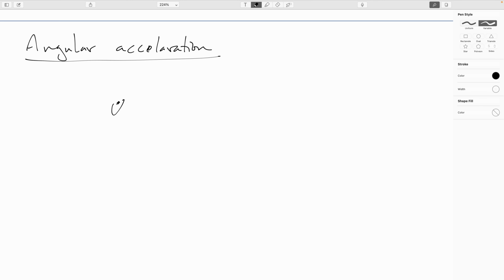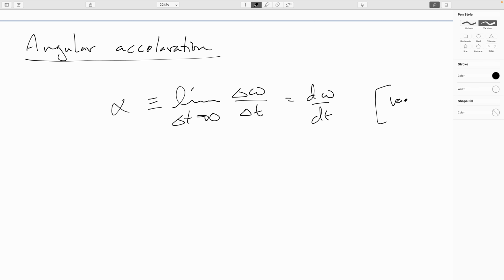So the symbol is a lowercase Greek alpha. So this will be the limit as our time interval approaches 0 of the change in the angular velocity with respect to time, or we can write that as d omega dt. And our radian units will be radians per second squared. And remember, radians don't have an actual physical dimension. Same difference as writing the number 1. And this symbol here is a lowercase Greek alpha.